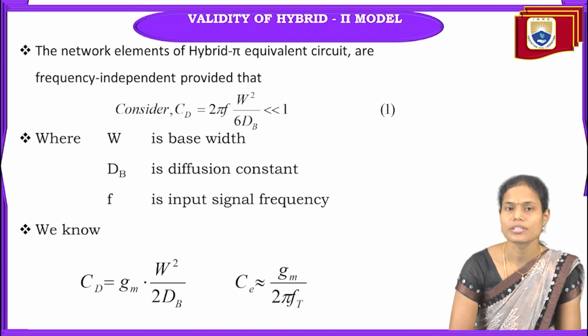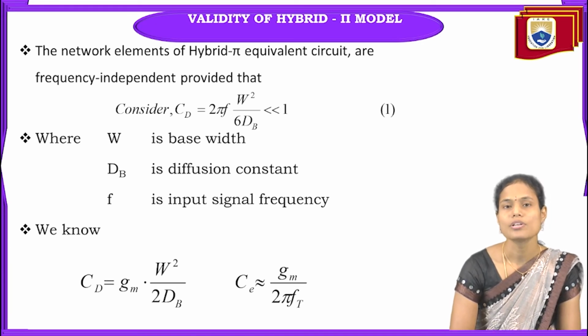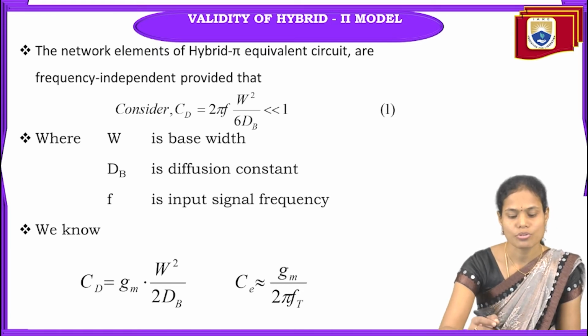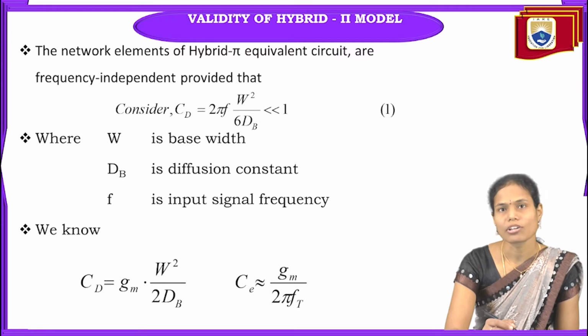So till now we have seen the two capacitances which exist in the hybrid pi model. Now we will see the validity of this hybrid pi model, at what frequencies we can utilize it. These hybrid pi equivalent network elements are frequency dependent.